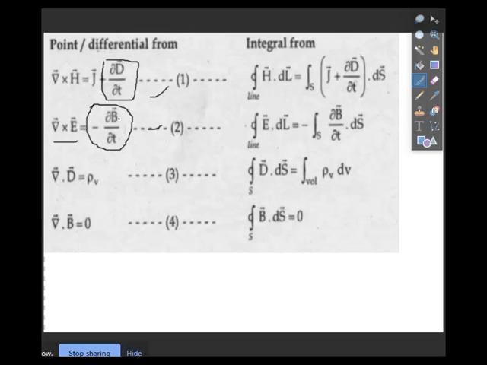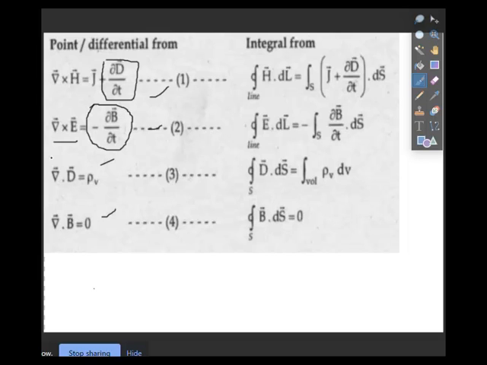Now we need to understand one concept: if you take a dielectric medium, a perfect dielectric medium or insulator, and you make the electric flux or electric field intensity travel in the space, then what will happen to Maxwell's equations? We know that an insulator is not conductive in nature, so the current will be 0.